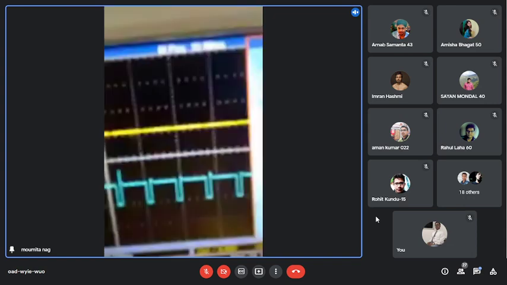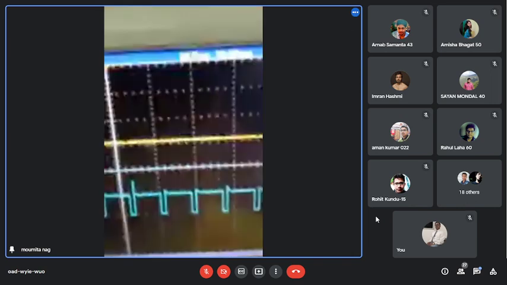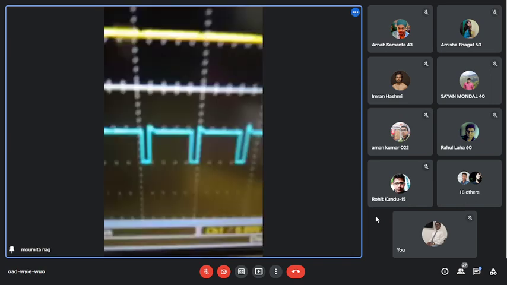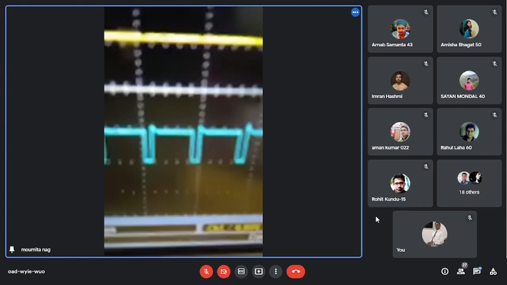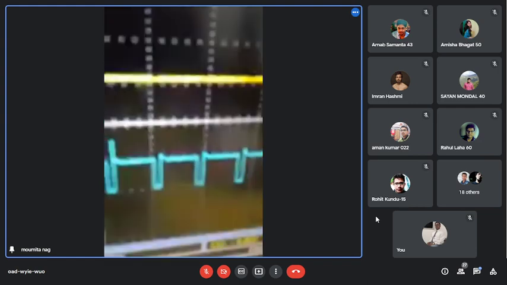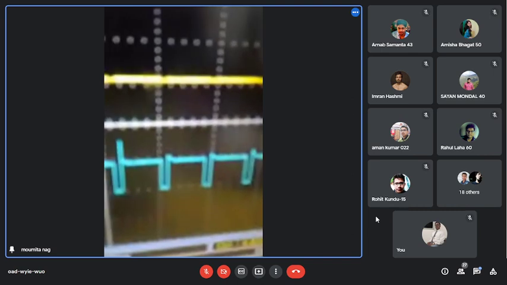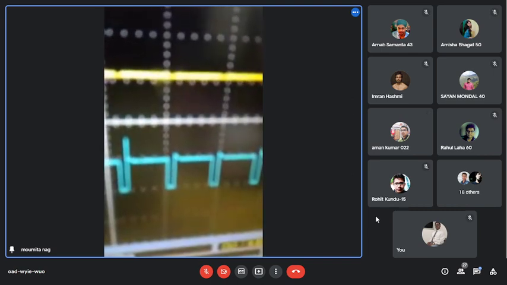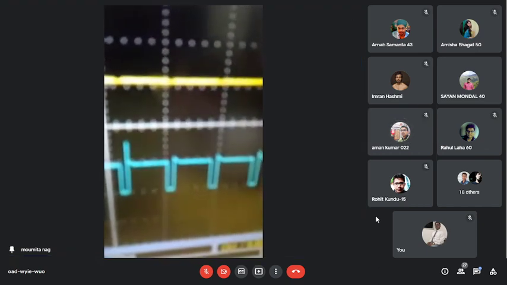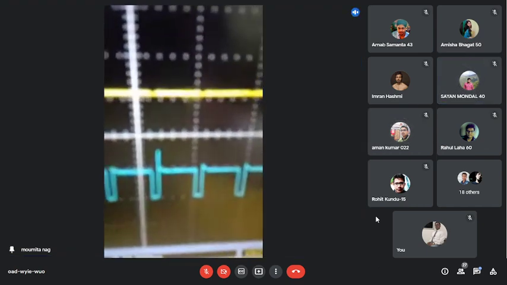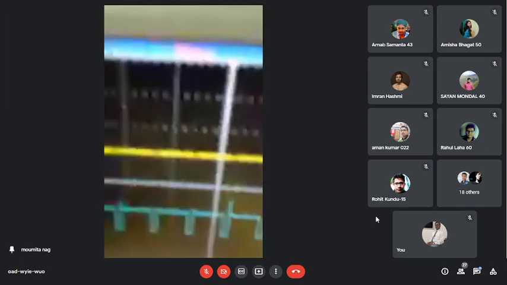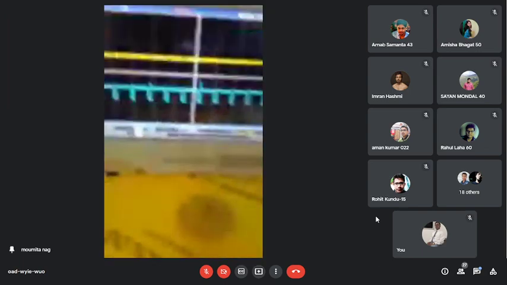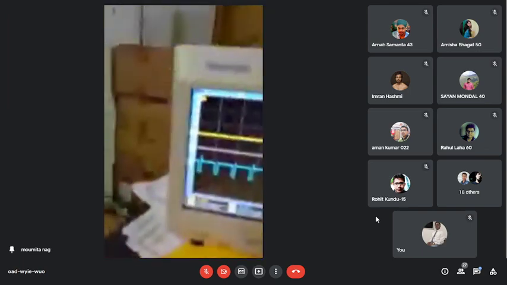Volt per division is 5 volt, means one big division is 5 volt along the y-axis. So how much is the voltage of the carrier signal? Ma'am, 5 volt. 5 volt peak to peak. Yes. Then note down this.